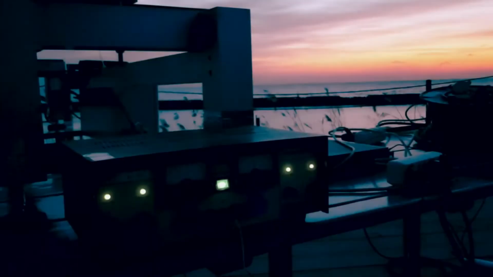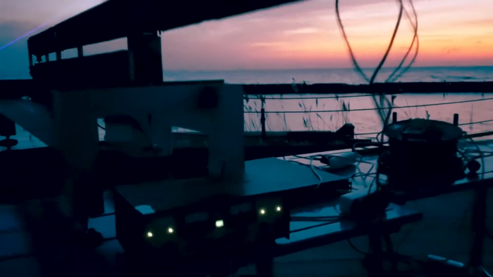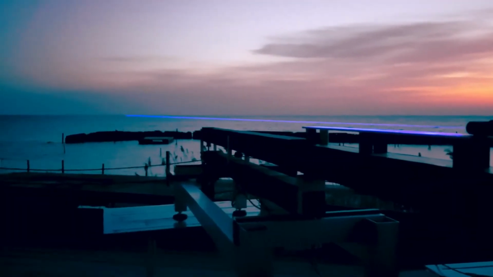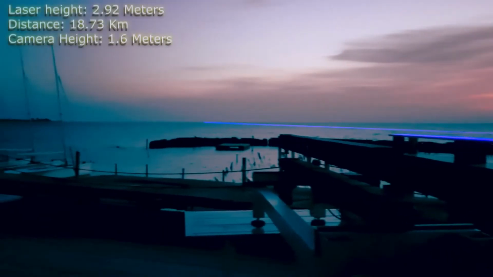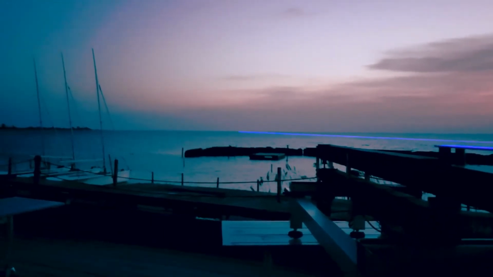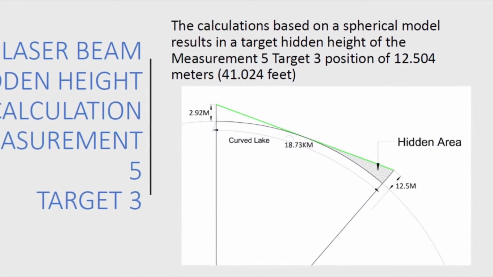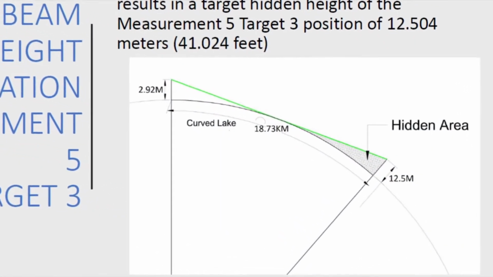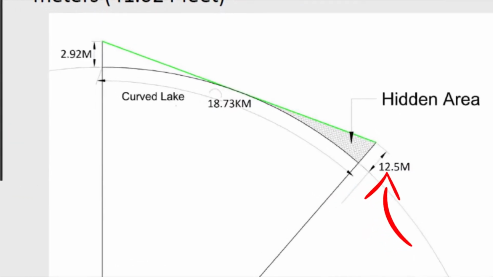The 18.73 kilometer calculation based upon the WGS-84 geoid model results in a target hidden height for measurement 5 ISIL Lake target 3 location of 12.504 meters or 41.024 feet.